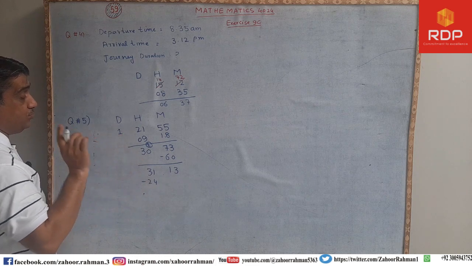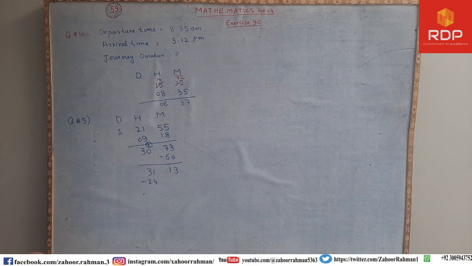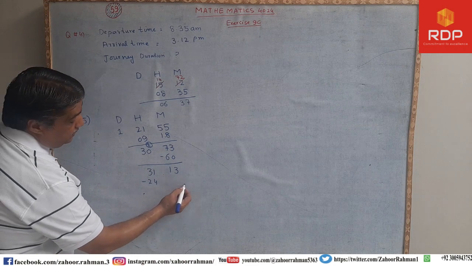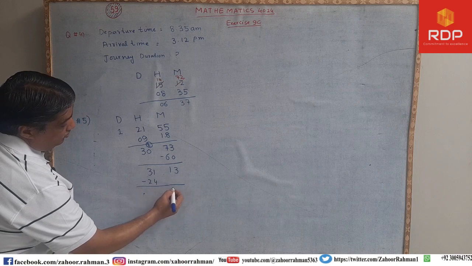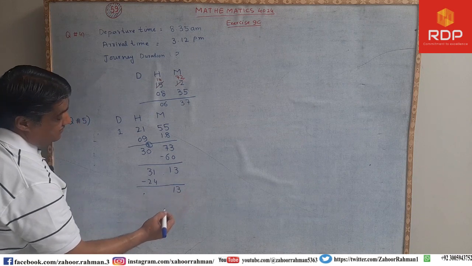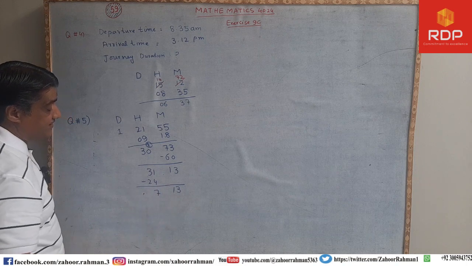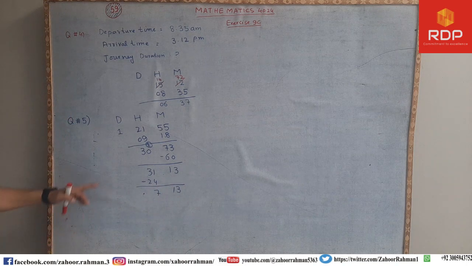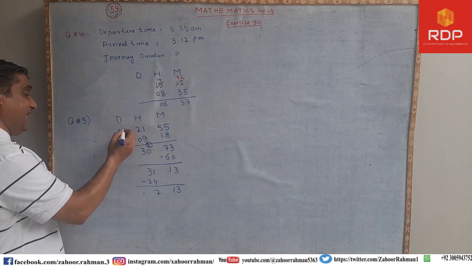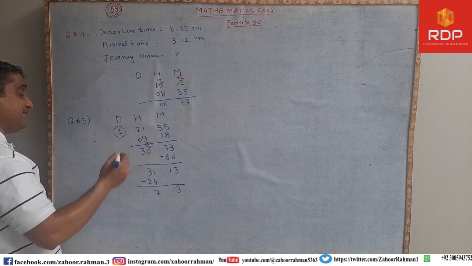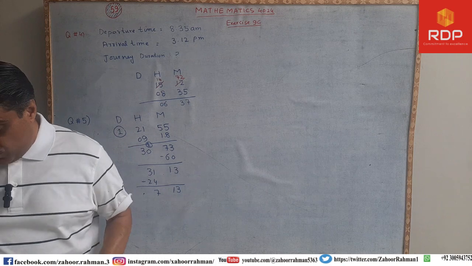You don't have to write 24 beneath the day. So now we subtract it, and it will be 7:13 next day, because 1 day is past.